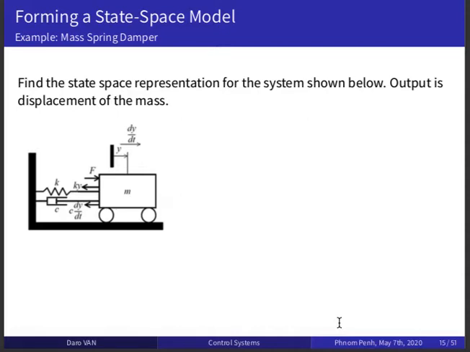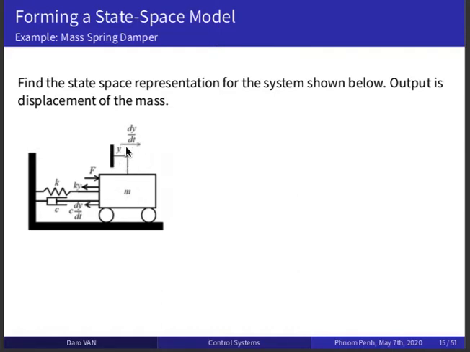Move to the next example. The next example is a mass spring damper. Now we want to find the state space representation for the system shown below, and the output is the displacement of the mass. So we have the mass here, and this is the displacement y.